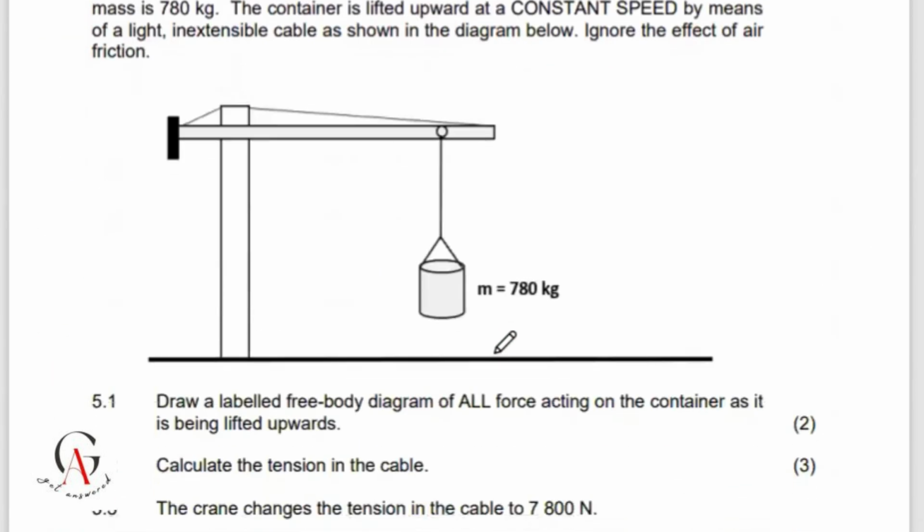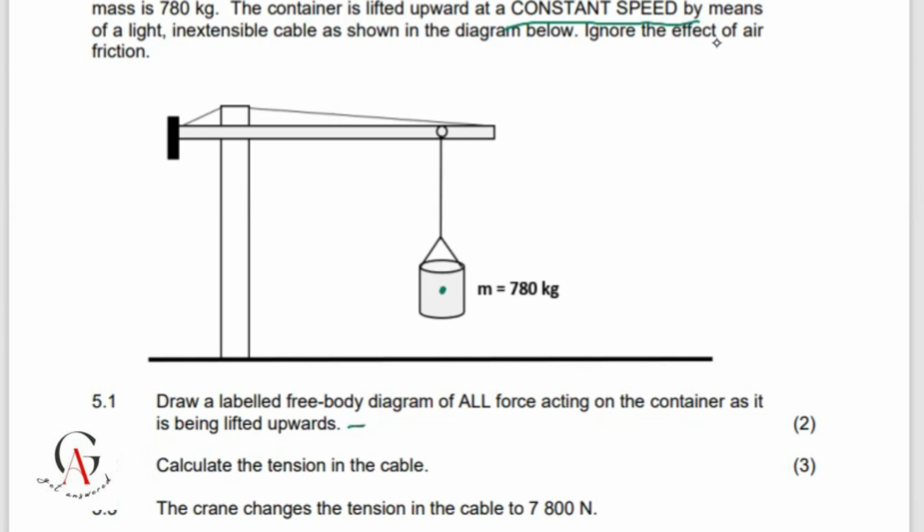Then question 5, they're telling us that a crane at a building site lifts a container that is filled with concrete. And their combined total weight is 780. The container is lifted upwards at a constant speed, by means of a cable. Ignore the effects of friction. They want us to draw a free body diagram of the container as it's being lifted.